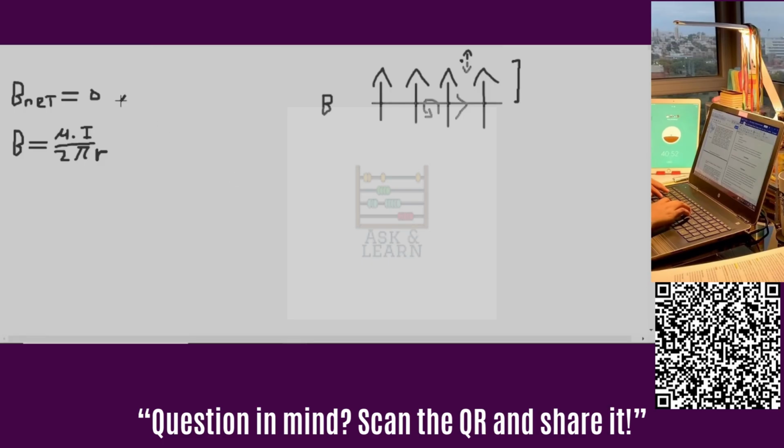Now, in this equation, we're given I, the current, and we're given the magnetic field of the external source, the green B here. We want to find the distance, which is this R, because the magnetic field travels in a circular path around the wire.